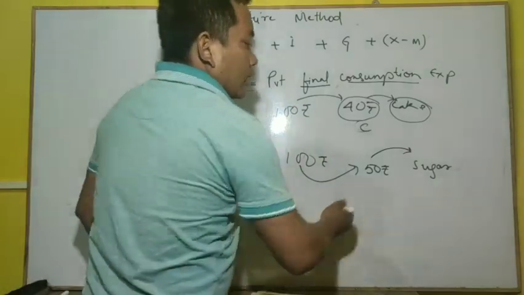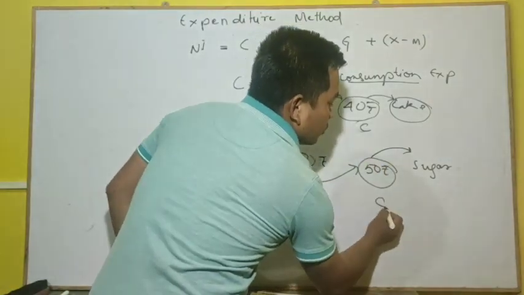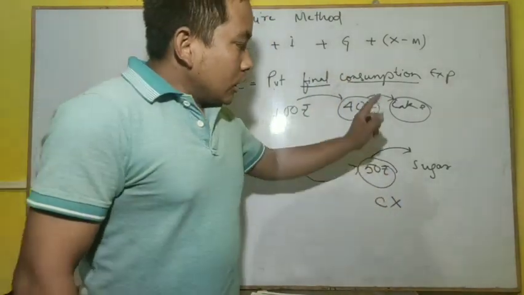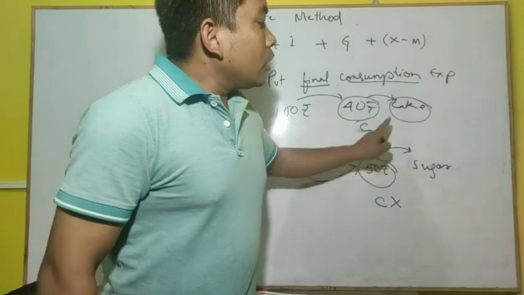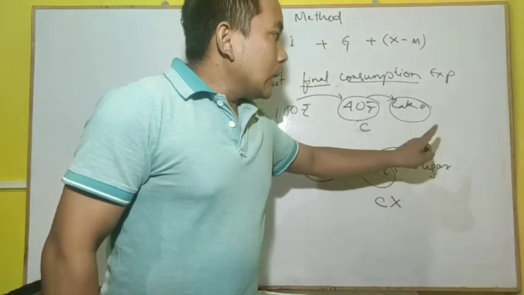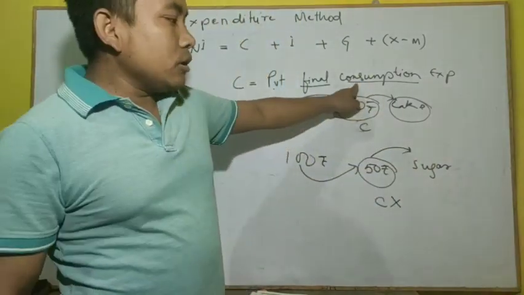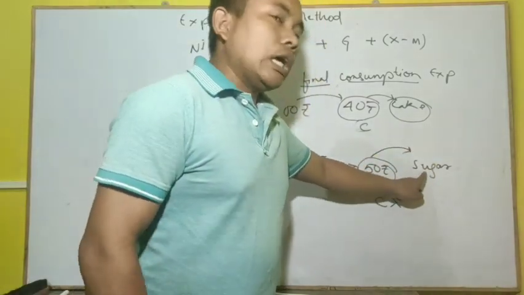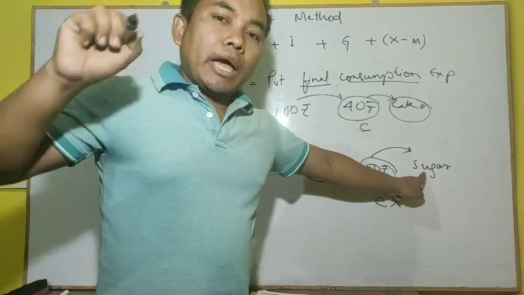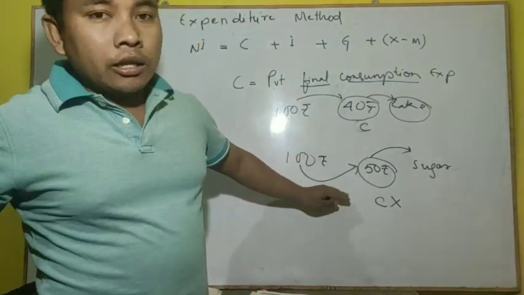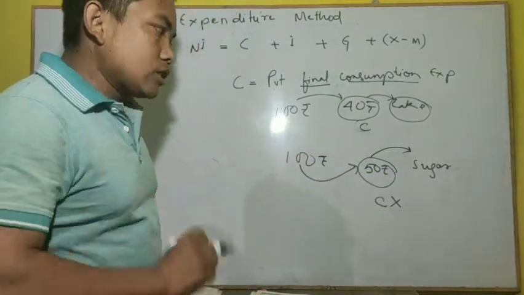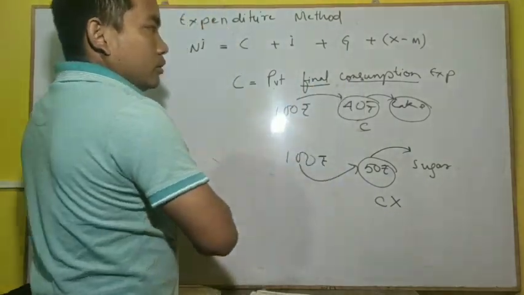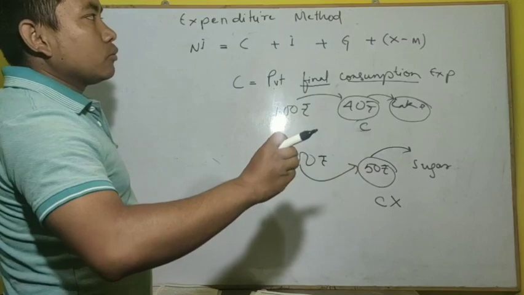In this case, this 50 rupees is not private final consumption expenditure, because the rupees 50 that you spend on buying sugar is not meant for consumption. It is meant for making a profit through the selling of tea in your hotel. That's why there should be a difference between private final consumption expenditure and investment, which we will do in the next part.